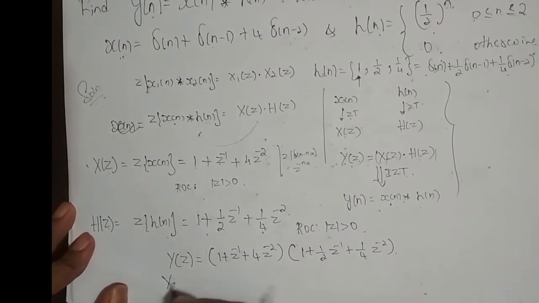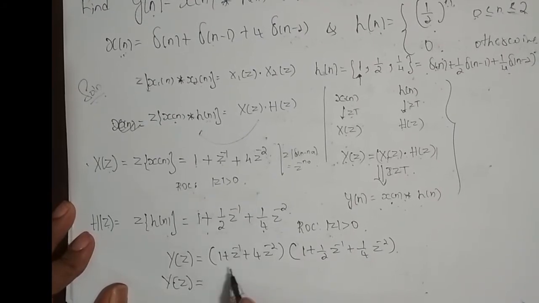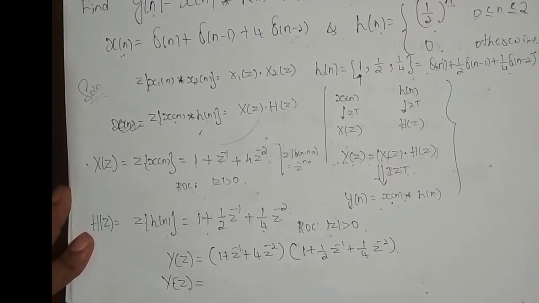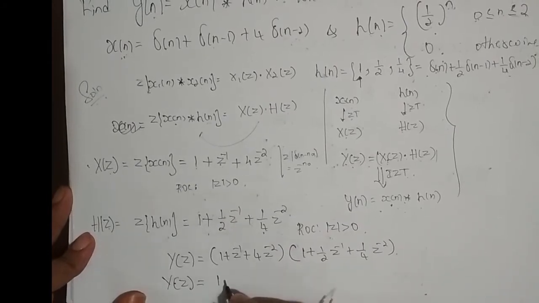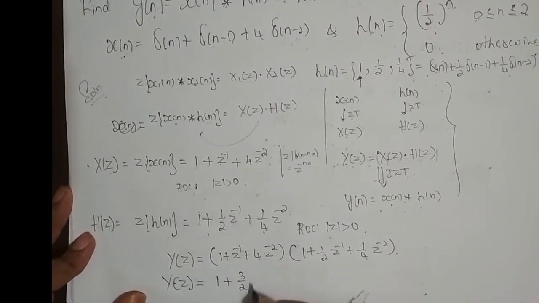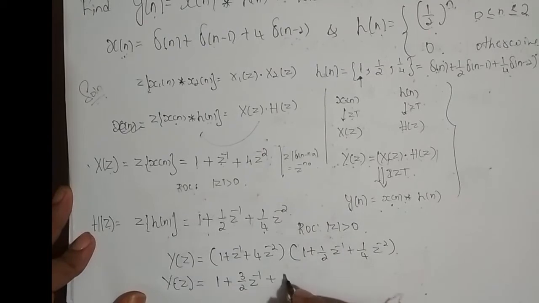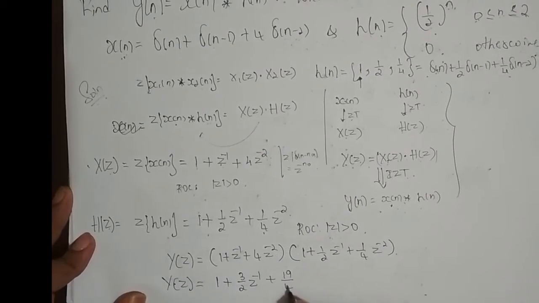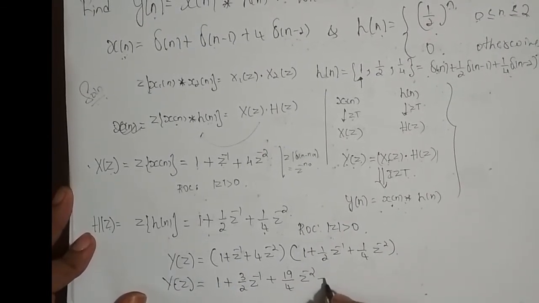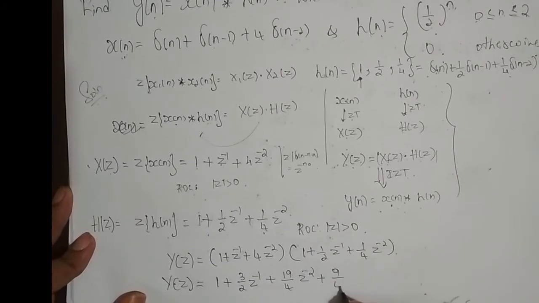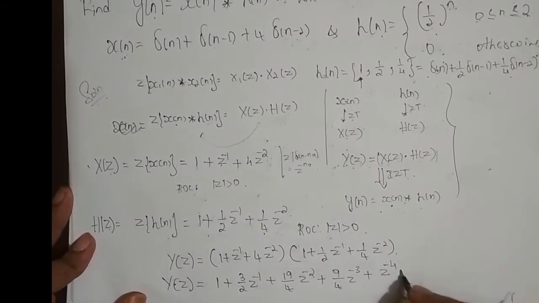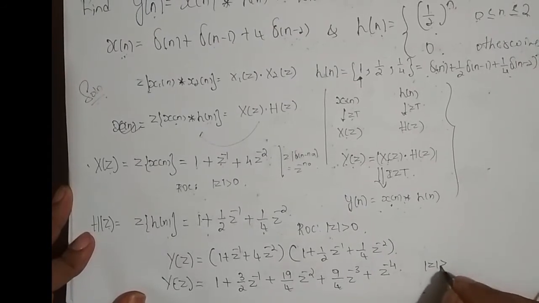So if we multiply and simplify it, I am not simplifying it here, as it takes more time in the video. So I'll directly write the result: 1 plus 3 by 2 z power minus 1 plus 19 by 4 z power minus 2 plus 9 by 4 z power minus 3 plus z power minus 4, with the ROC not changing, greater than 0.